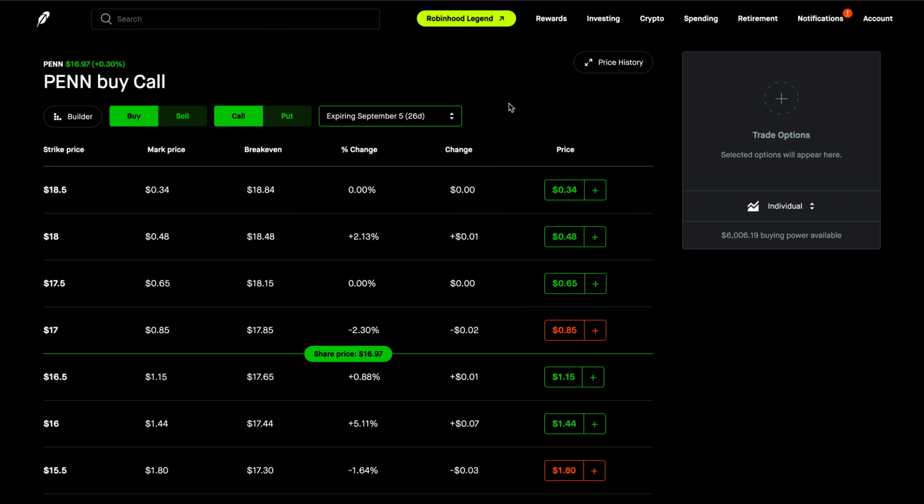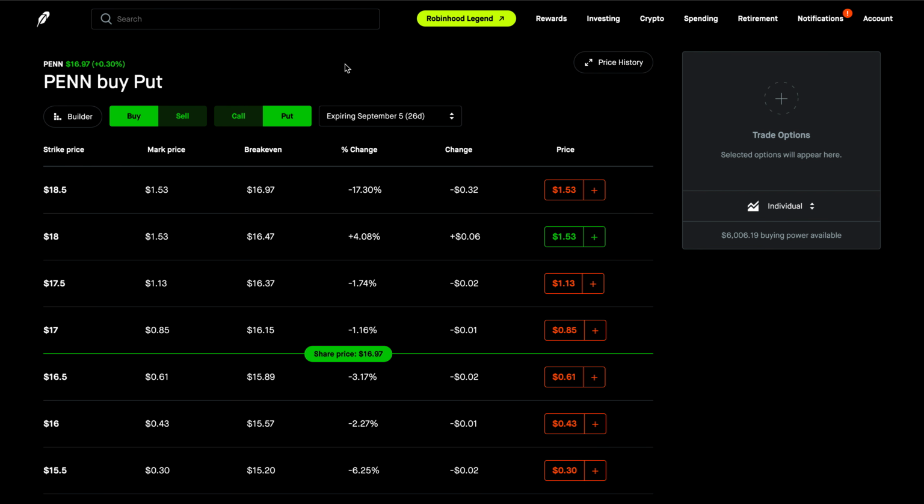Now, as the name suggests, a put credit spread is going to involve puts. Right now we're looking at calls here, so I'm going to switch over to puts here. And here is how you set up a put credit spread. So the first thing we do is determine what price we believe the stock will be above at expiration.